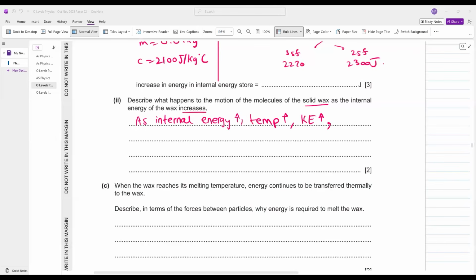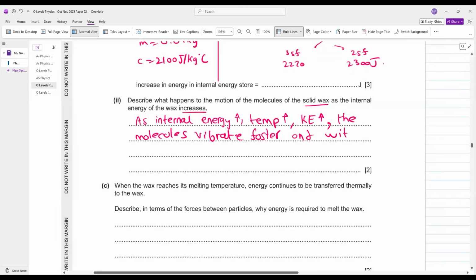Since kinetic energy of molecules increases, क्या होगा? The molecules vibrate faster and with a larger amplitude. Molecules क्या करेंगे? Vibrate करेंगे faster and with a larger amplitude.